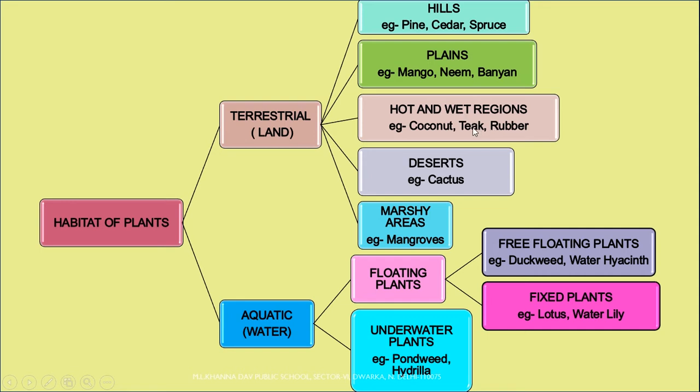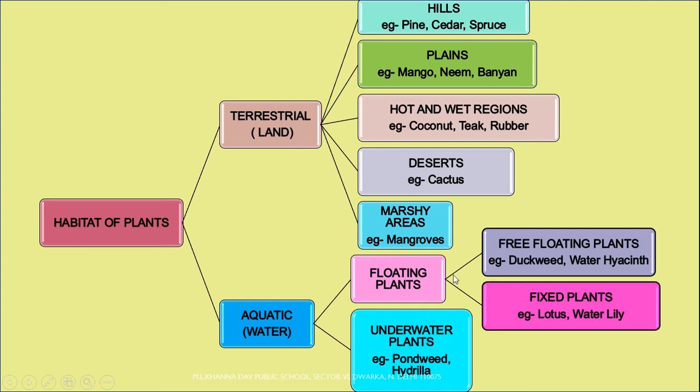In hot and wet regions, we find plants like coconut, teak, and rubber, and these are also evergreen plants because their leaves are found throughout the year. And desert plants are cactus, kikar, etc. In marshy areas, you find the mangroves which have the breathing roots. And when we discuss aquatic plants, there are two categories: the floating plants and the underwater plants.